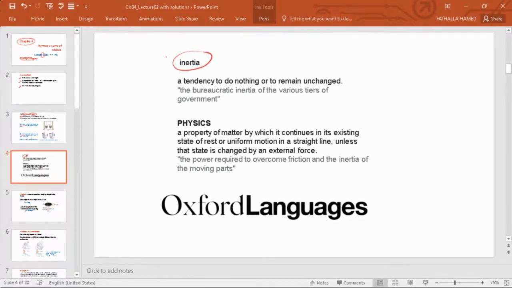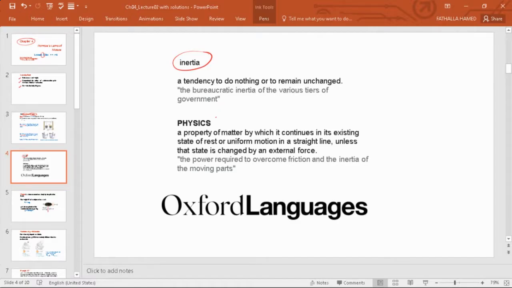And the dictionary gives you two meanings. The first meaning, a tendency to do nothing or to remain unchanged. And it says the bureaucratic inertia of various tiers of government. That means no one is doing anything about it.